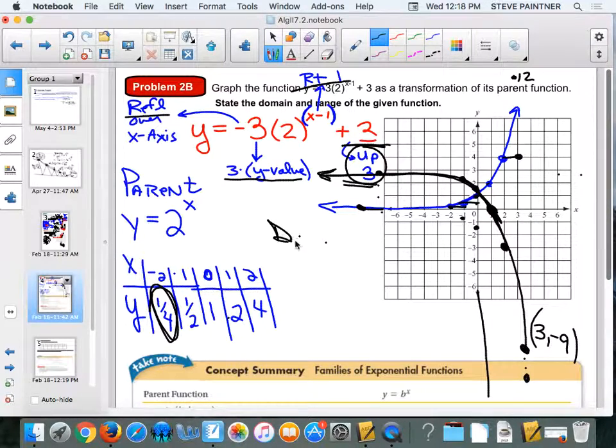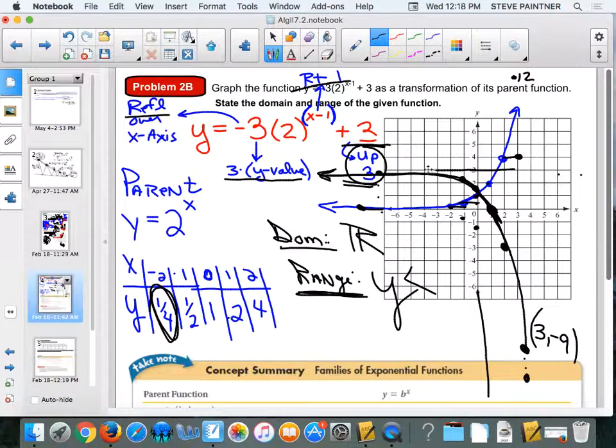What's the domain? All reals. That never changes. Okay, what's the range? All y values less than? Yeah. You never touched the line, did you? You never touched 3. All y values less than 3.